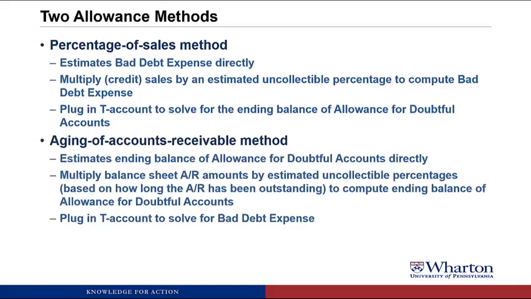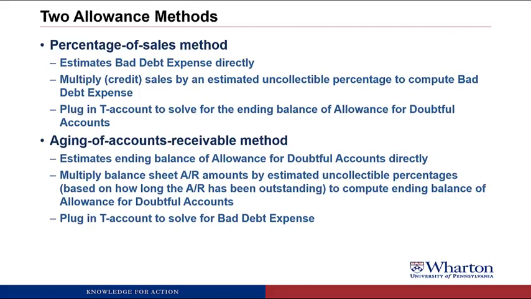The second method is called the aging of accounts receivable method. This method estimates the ending balance of the allowance for doubtful accounts directly. The way this method works is you multiply the accounts receivable on the balance sheet by estimated uncollectible percentages. Now it's called an aging method because the percentages are different based on how long the accounts receivable are outstanding.